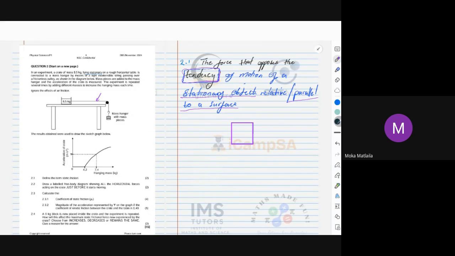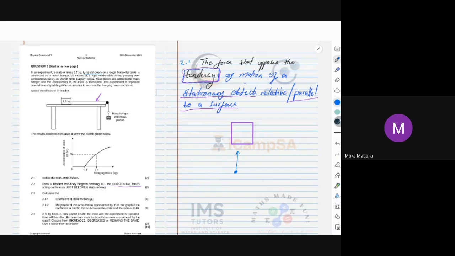So next thing, they want a free body diagram showing all the horizontal forces acting on the crate just before it starts moving. So that means we are still considering stationary, right? Normally how you would do your free body diagram, you do this. This is your point.